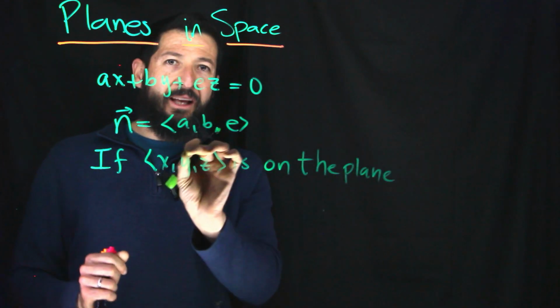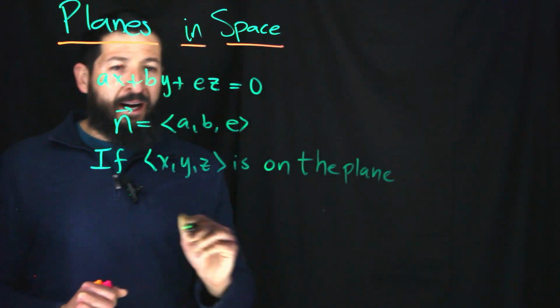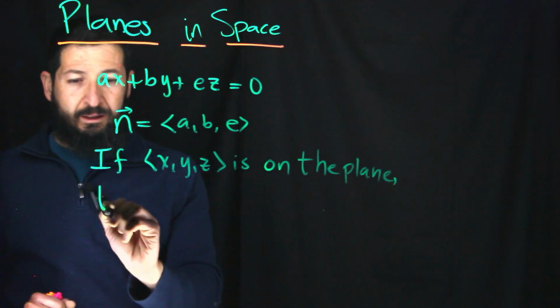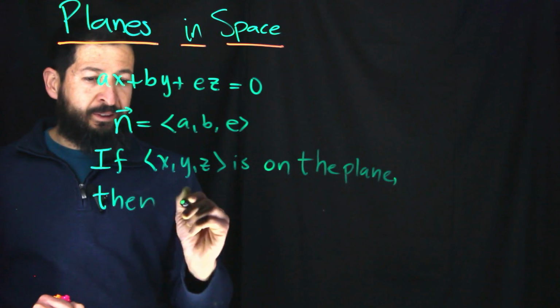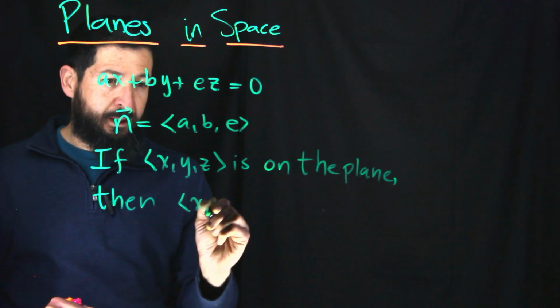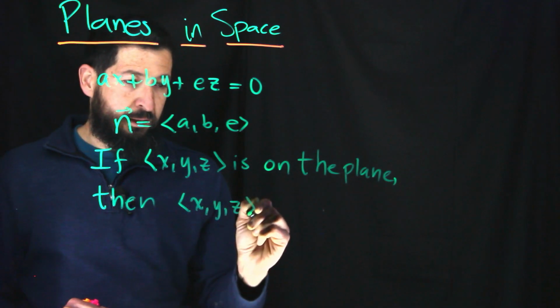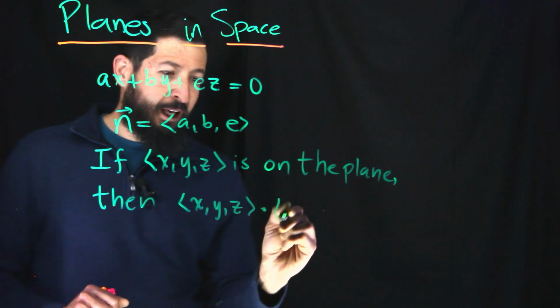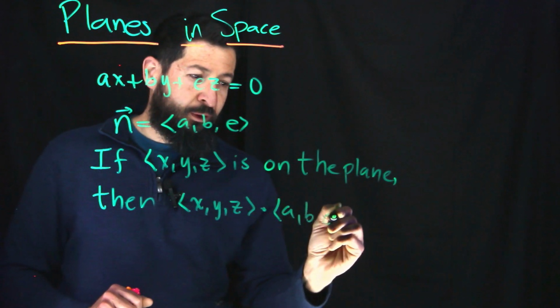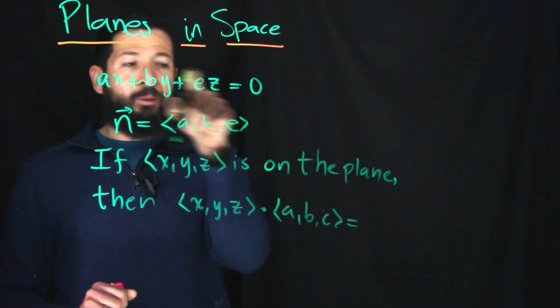Because the head of the vector is what is on the plane. Then notice that this vector dot product abc, well, that is precisely this right here.